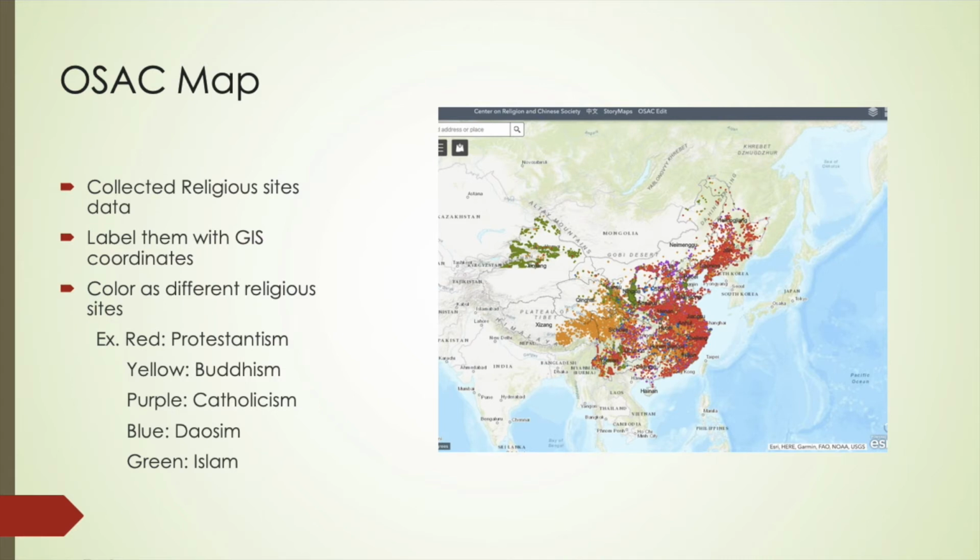The purple represents Catholicism, blue represents Taoism, and green represents Islam, which mainly concentrates in the west part of China. What we did with our data is that we also collect the GIS coordinates of the sites, and based on that, we can portray them on the map.